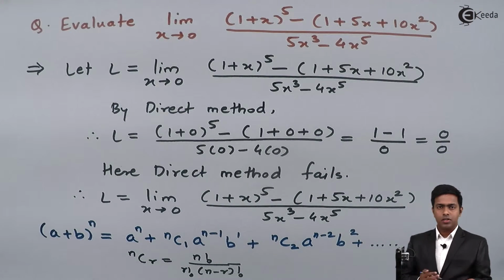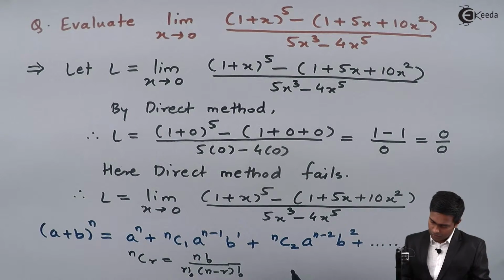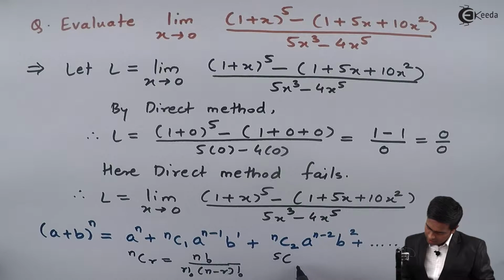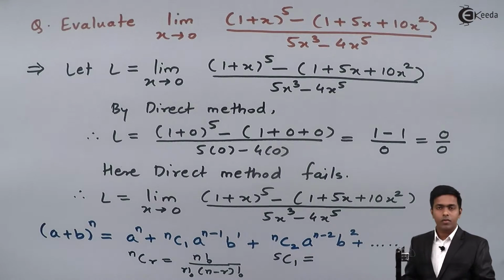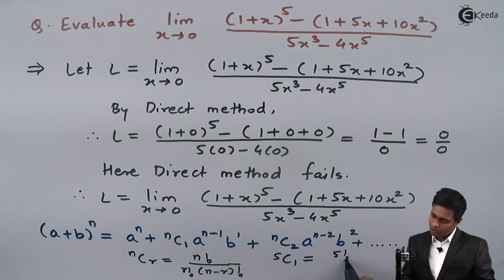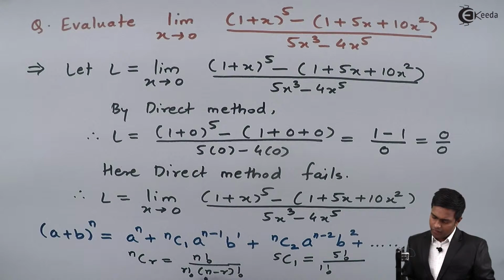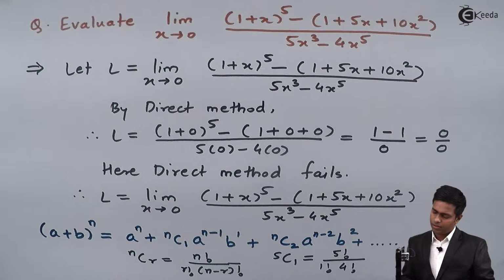So now suppose we want to find the value of 5C1. By using this formula, n is 5, r is 1, so we will get 5 factorial in the numerator. In the denominator r is 1, so it will become 1 factorial, and 5 minus 1, that is 4 factorial.